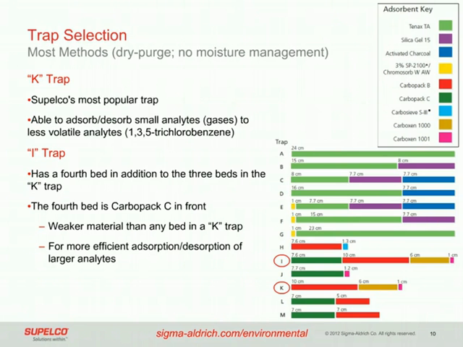The absorbent key in the top right corner shows that. So the K-trap starts with a Carbopack B, then it has a Carboxen 1000, and ends with 1 centimeter of our Carboxen 1001. The I-trap is similar, but it has 7.6 centimeters of a Carbopack C in front of it.